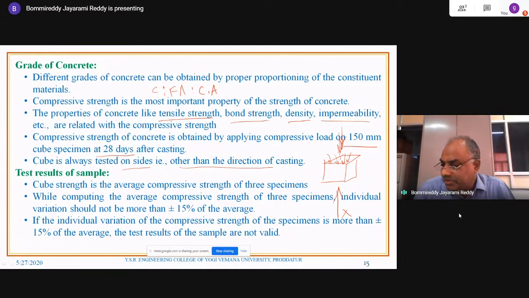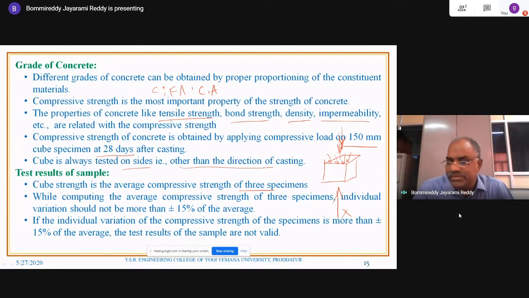Normally, if you take only one cube and test it, that is not the compressive strength of the cube. The compressive strength of the cube must be the average of three specimens. It's a must. So for any particular concrete in the field, a minimum of three concrete cubes must be cast.